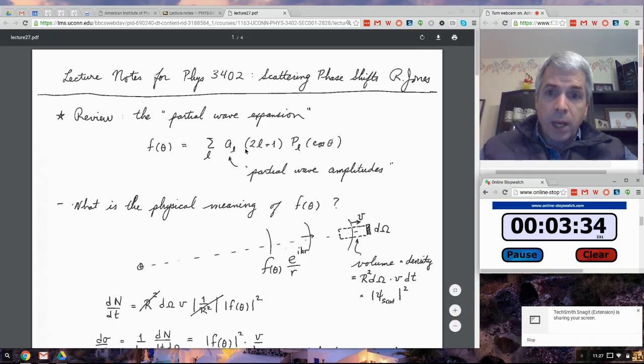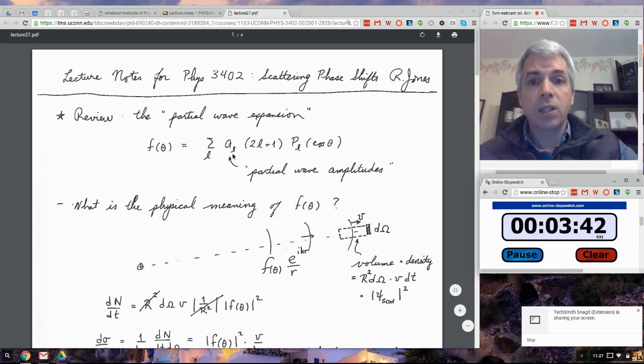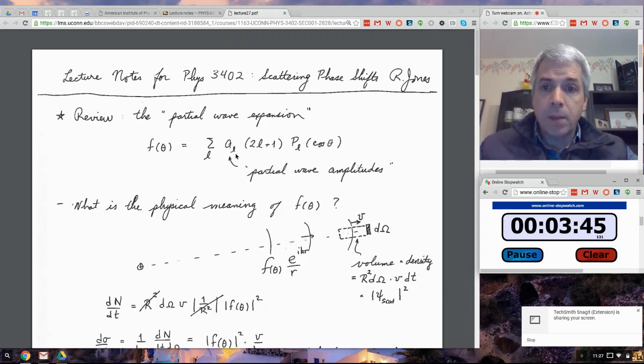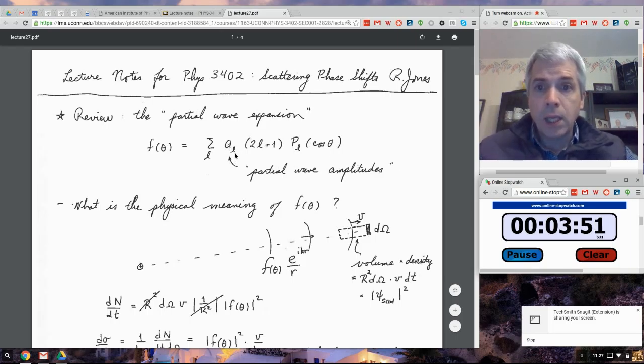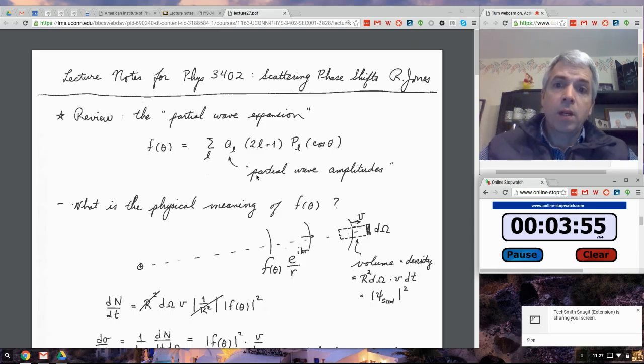We factor out a common term, 2L plus 1, and then the remaining coefficient we call a sub L, and that's just for convenience. These a sub L's are called the partial wave amplitudes, and this set of complex numbers collectively is a complete description of the f of theta and really describes everything we can learn about the potential from experiment.